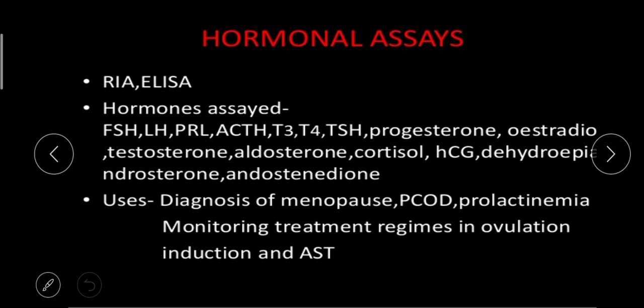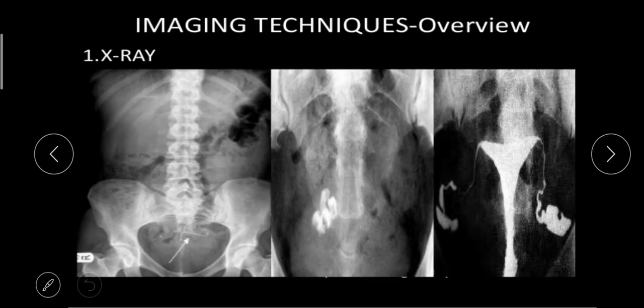If there is any type of imbalance in these hormones, they find it through the hormonal assay. So it is easy to diagnose menopause or PCOD, polycystic ovarian syndrome. This is the need for hormonal assay, to find out whether PCOD or any other disease related to hormonal imbalance is present.